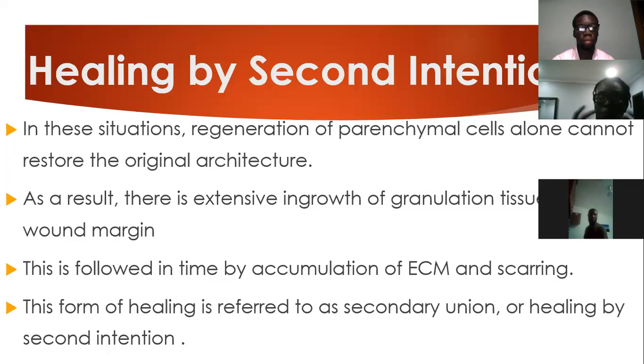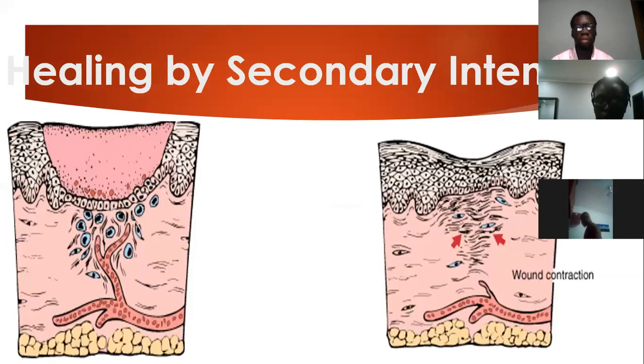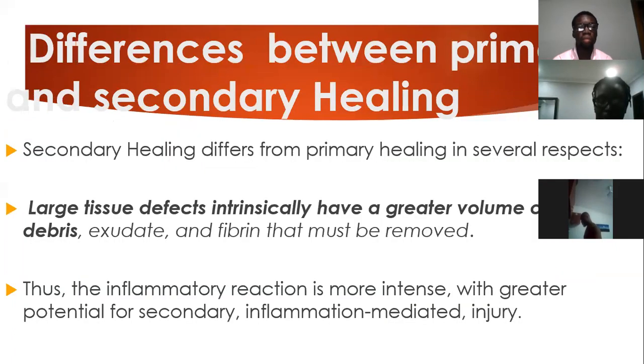You need more granulation tissue, so such a wound will take a longer time to heal. It is also followed by accumulation of extracellular matrix and scarring. So this takes a longer time than healing by primary intention.